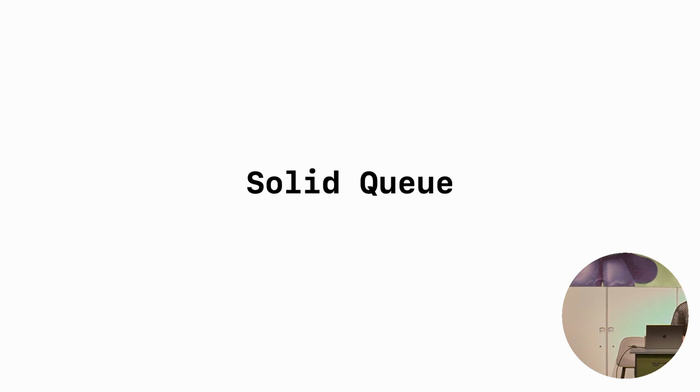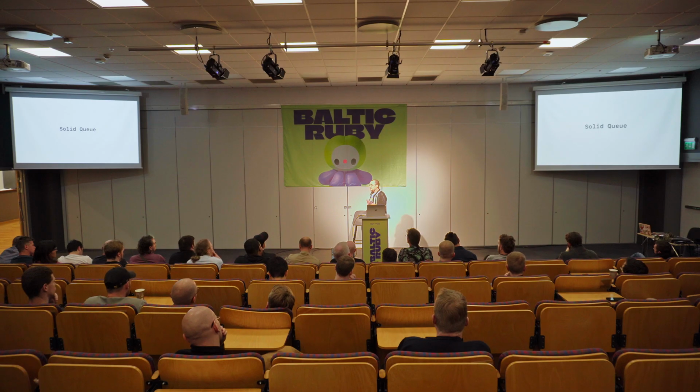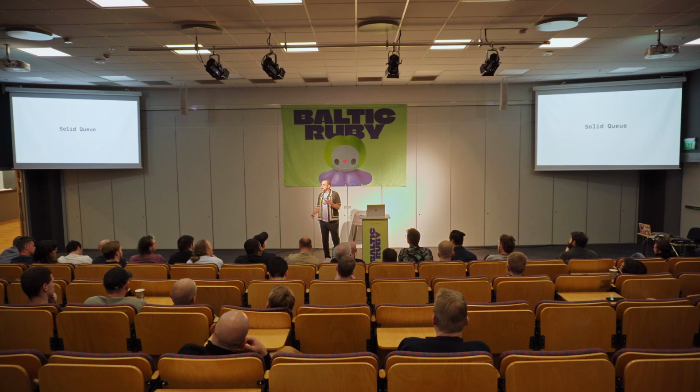Well, when it comes to solid queue, and this is going to be true of all of them, the key move we're going to need to make is to take advantage of the fact that SQLite is a very simple and lightweight database.